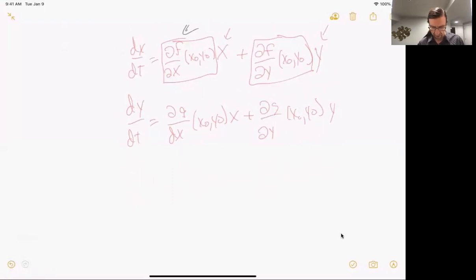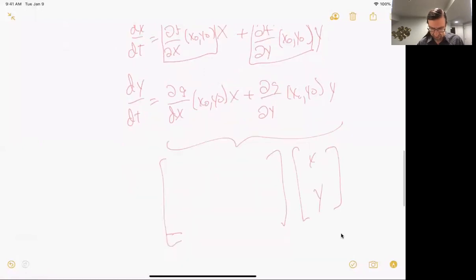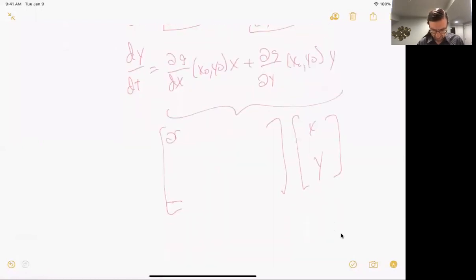All of that we can write as a matrix times x y, and that matrix is the partial of f with respect to x at x0, y0, partial of f with respect to y at x0, y0, partial of g with respect to x at x0, y0, and partial of g with respect to y at x0, y0.